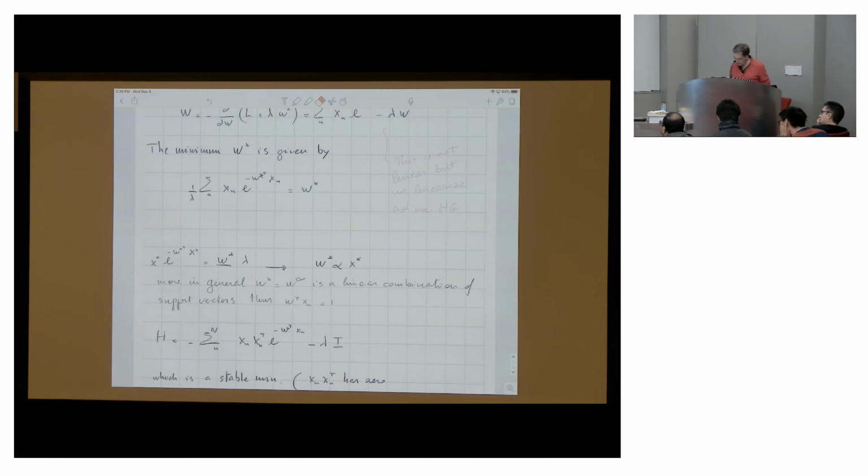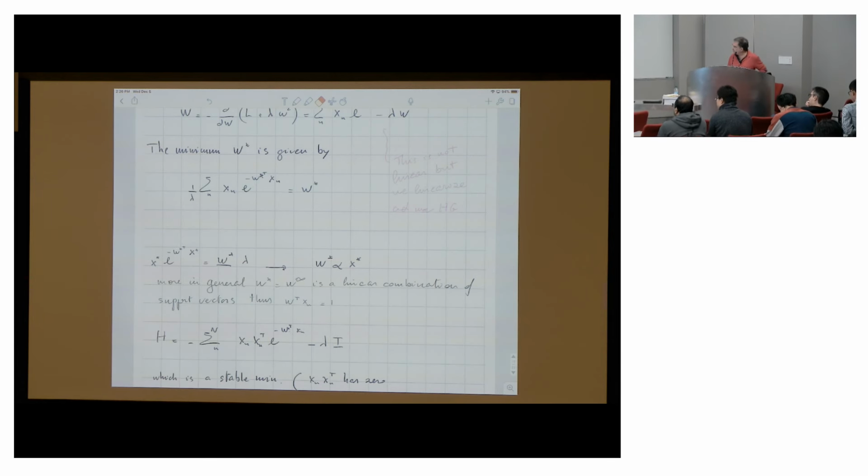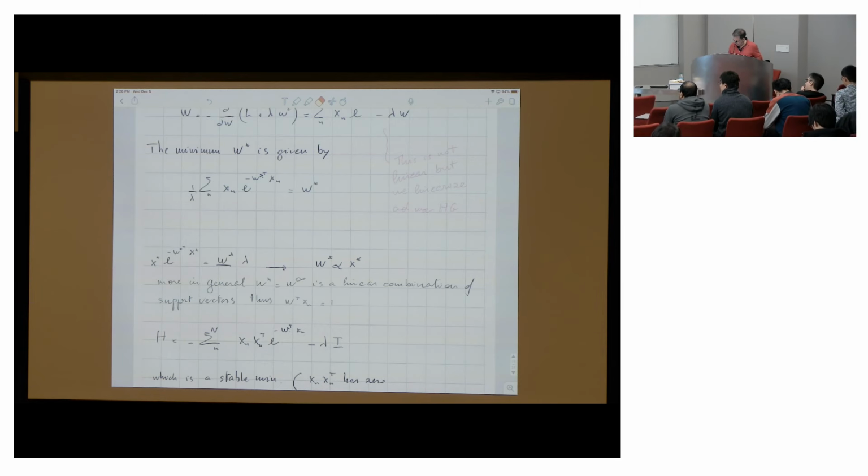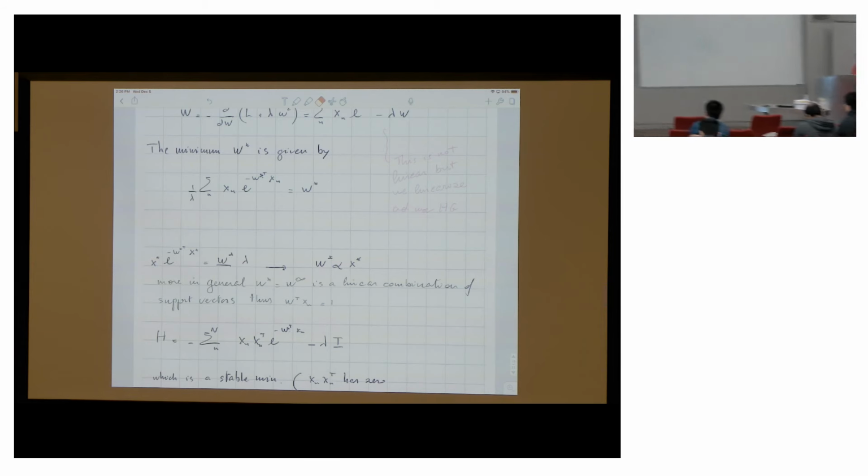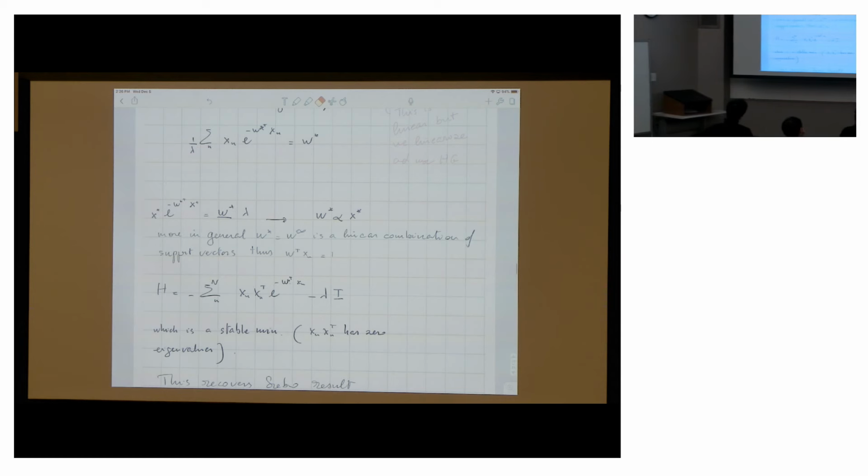And the point here is that, as I said, W will be a linear combination of the data points. And so suppose that I call X the 1 over lambda times the sum of these terms xn.